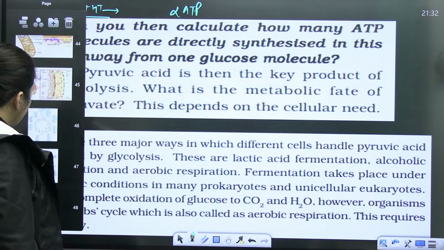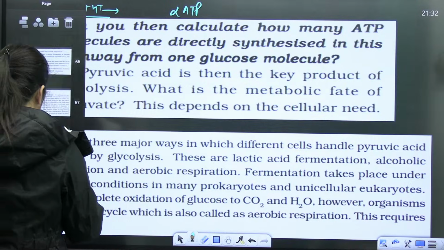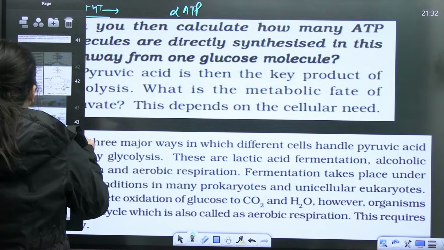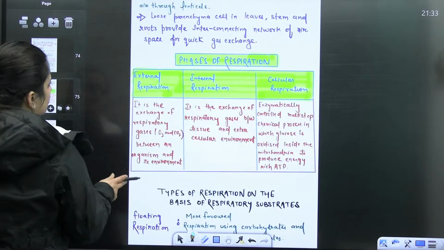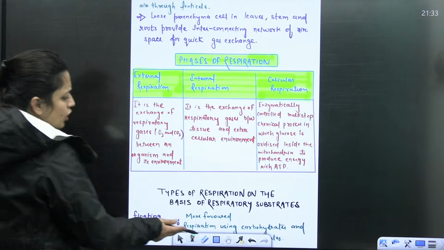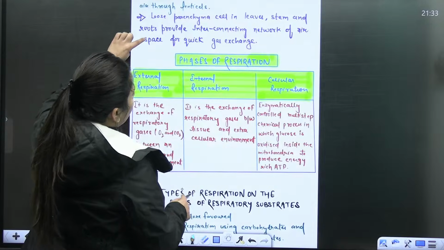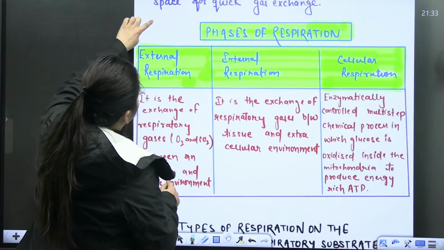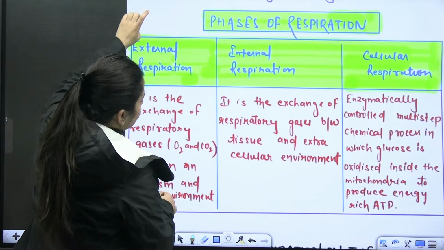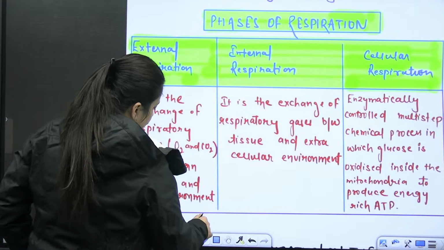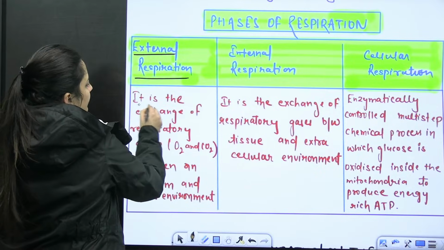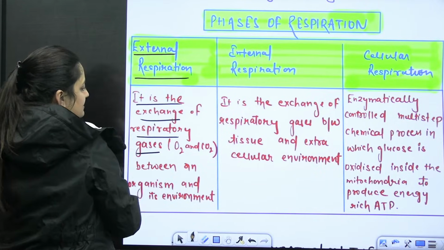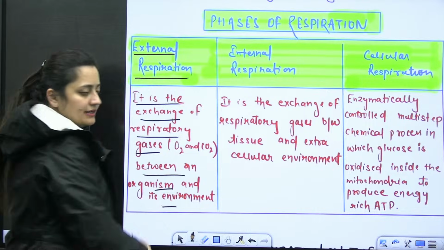But before that, I would like to discuss this thing, though you already know about it. In the last class also I told you about external, internal and cellular respiration, if you remember. External respiration is the exchange of respiratory gases between organism and environment.